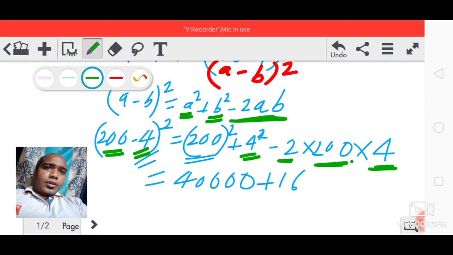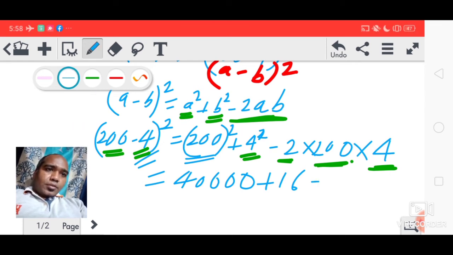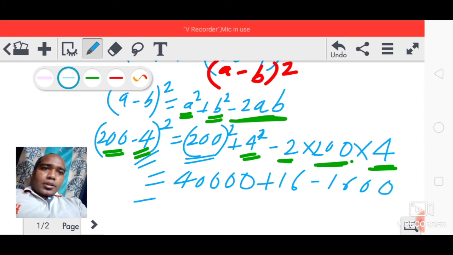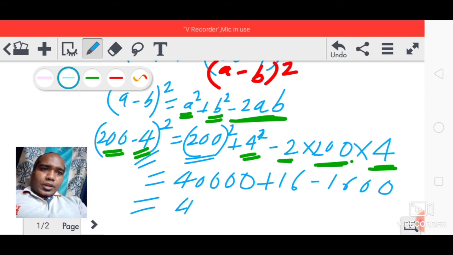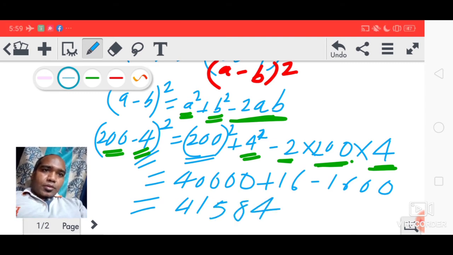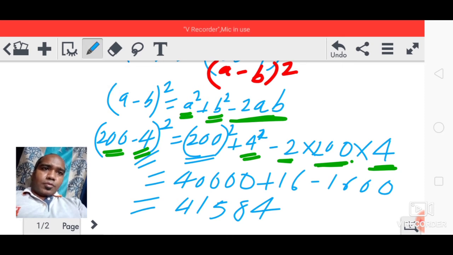So we'll write here minus 1600. Now you can calculate this part. After solving this, we'll get 41,584. Okay, so this is the way we have to solve using the formula.